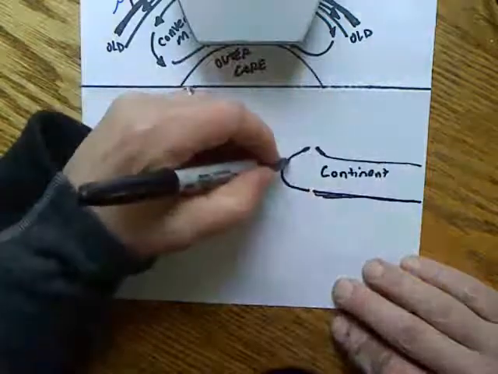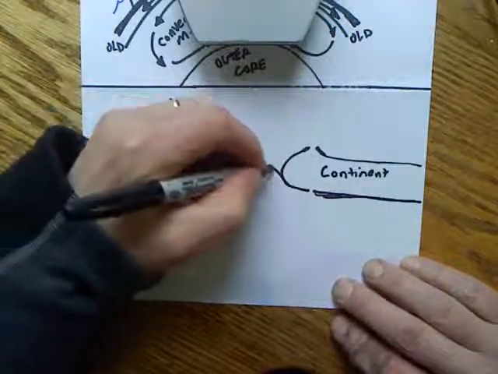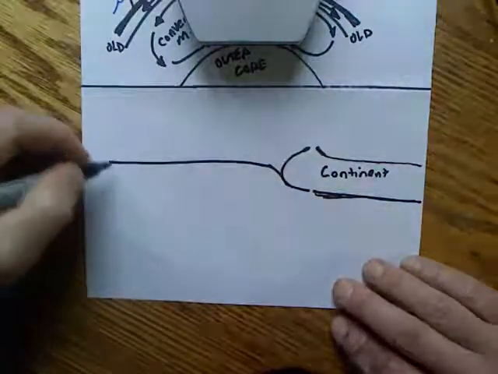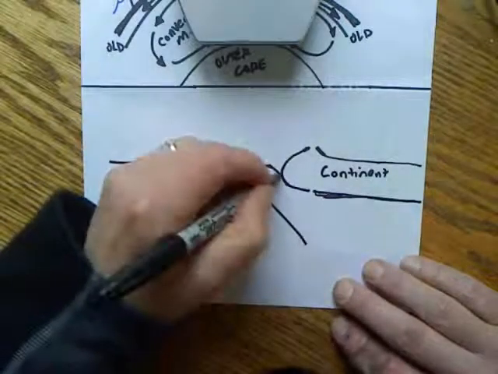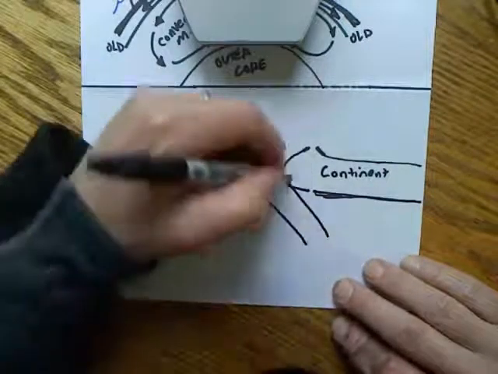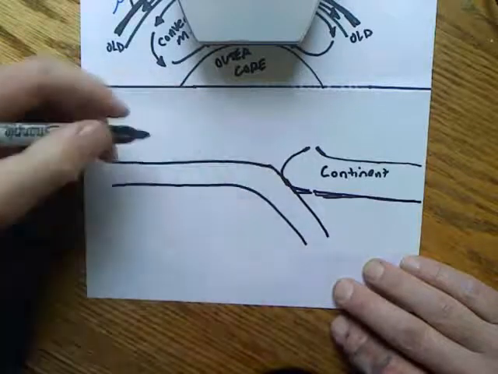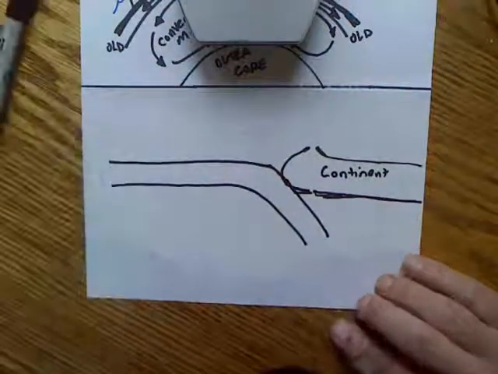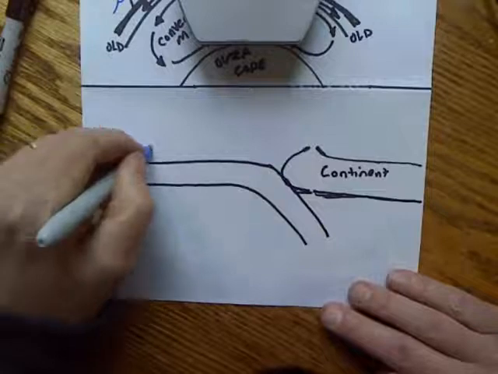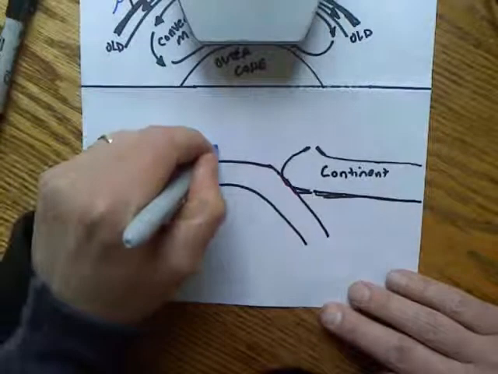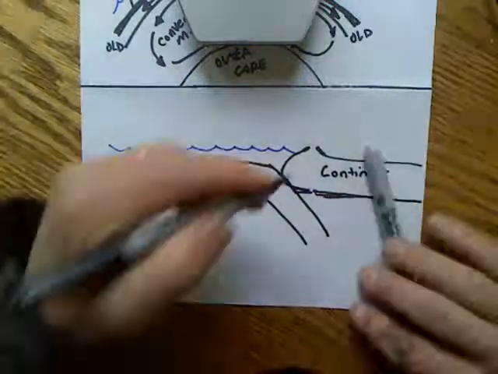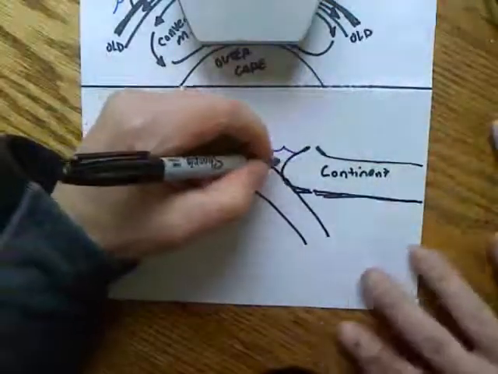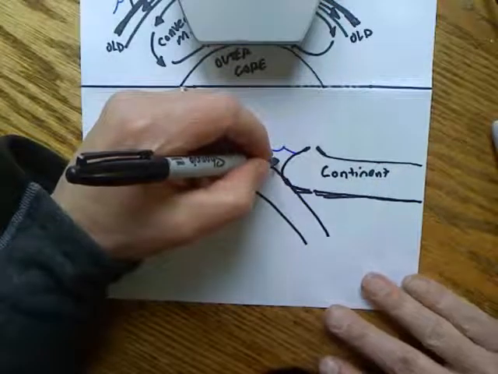And we're going to draw over here the subduction itself, and we'll put ocean on here. You'll notice it creates a little dip here.